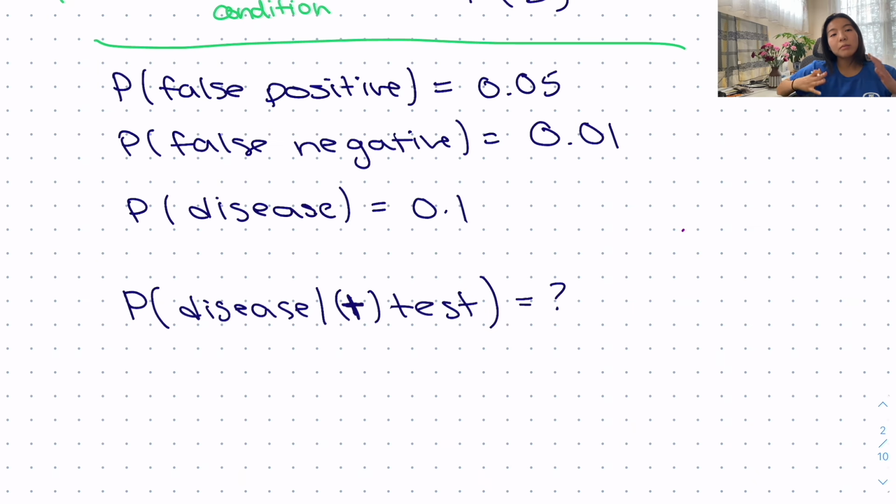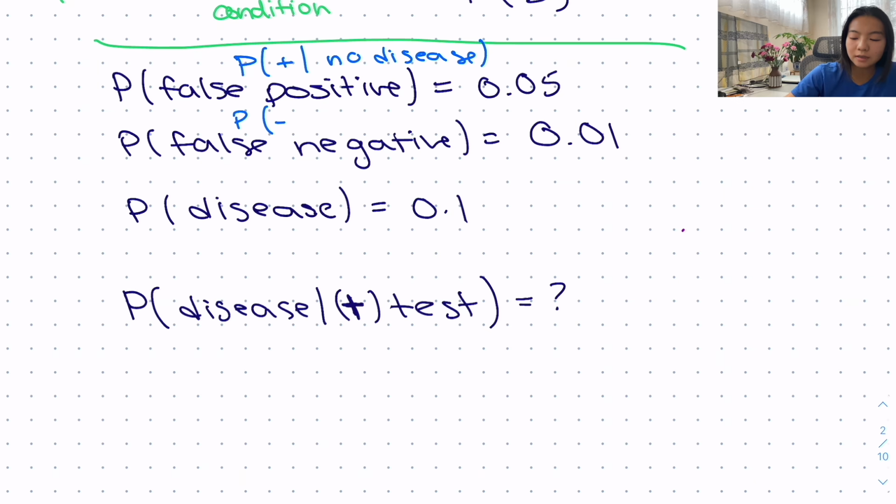So what do I mean by false positive? What's a different way to rewrite that? A false positive is when you test positive, but you don't actually have the disease. So this here is a probability that you have a positive test given no disease, right? And similarly for the false negative, it's a probability that you test negative given that you actually have the disease.